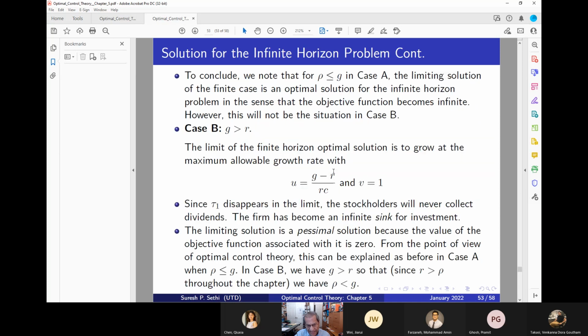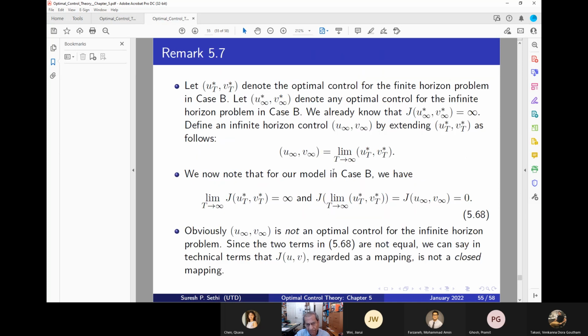I want to give you this idea: suppose I have an initial optimal solution of a finite horizon firm. And let's solve the problem of infinite horizon as well. Let's say the optimal solution of the infinite horizon is given by these formulas. We already know that this is infinity in case B. Define an infinite horizon U infinity by extending these, so I'm now taking the limit of these.